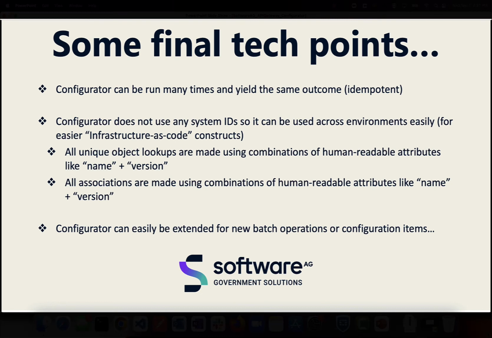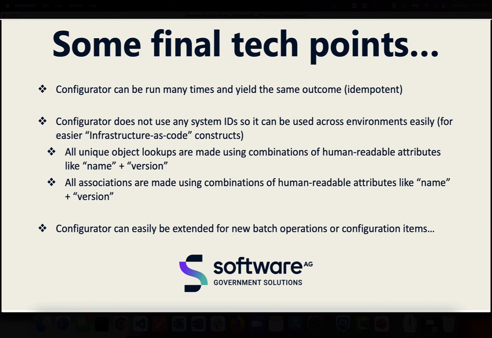Then the configurator never uses any system IDs that are very specific to a particular environment. So the idea here is that all object lookups or even associations are made using human readable attributes like a name and a version.